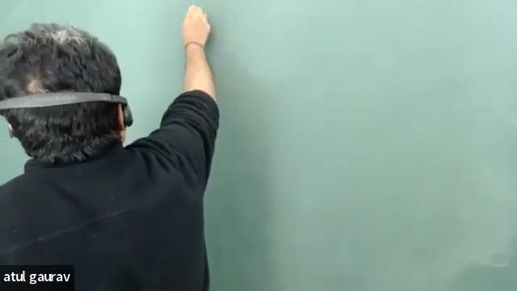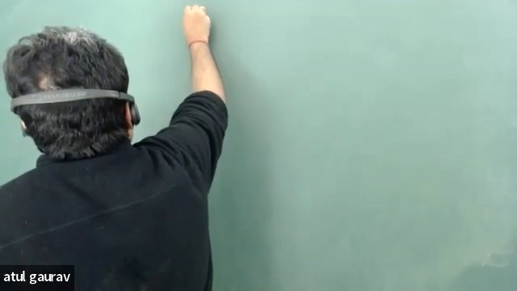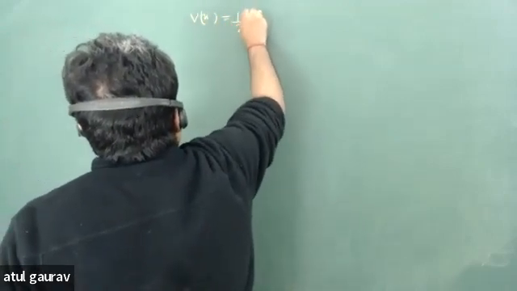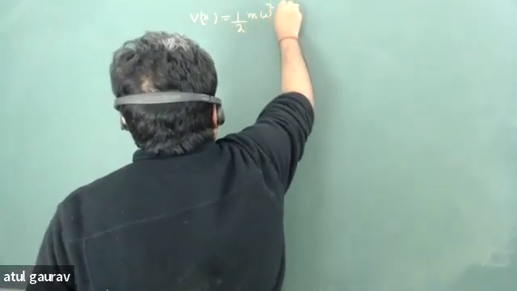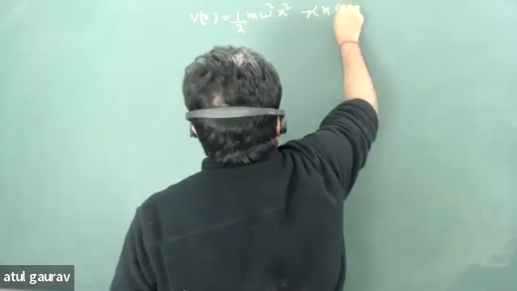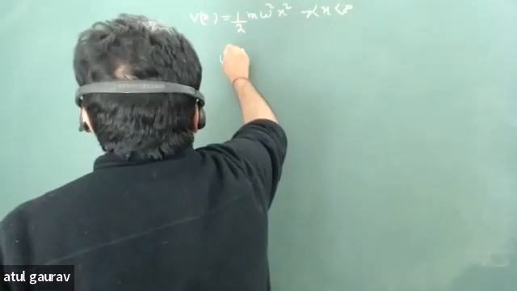So we have V(x) is equal to half m omega square x square, x is between minus infinity to plus infinity.